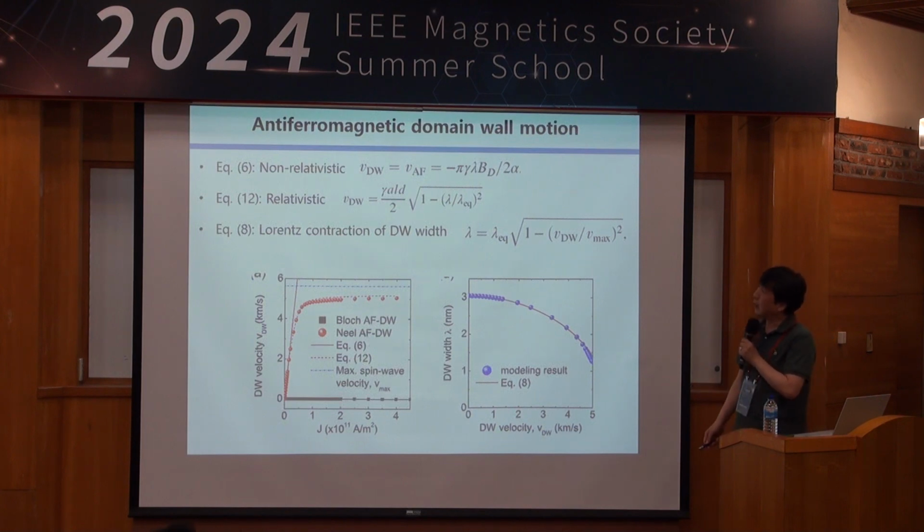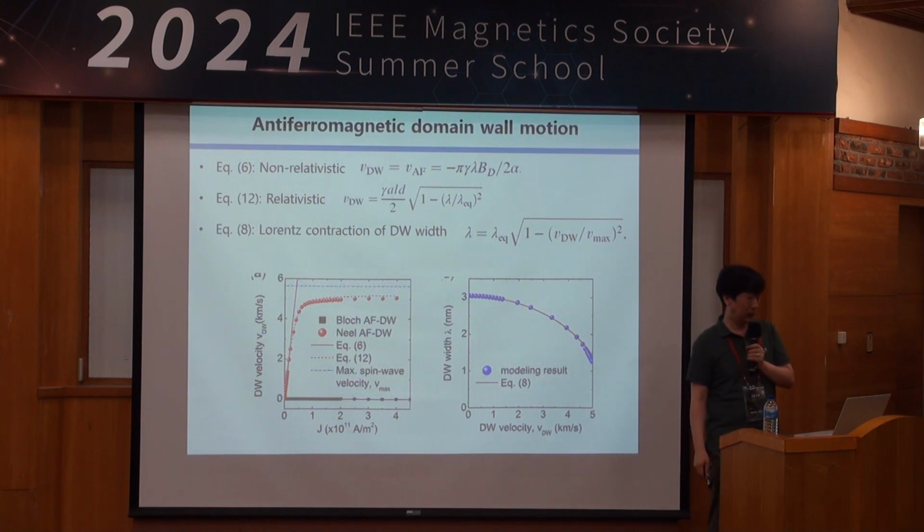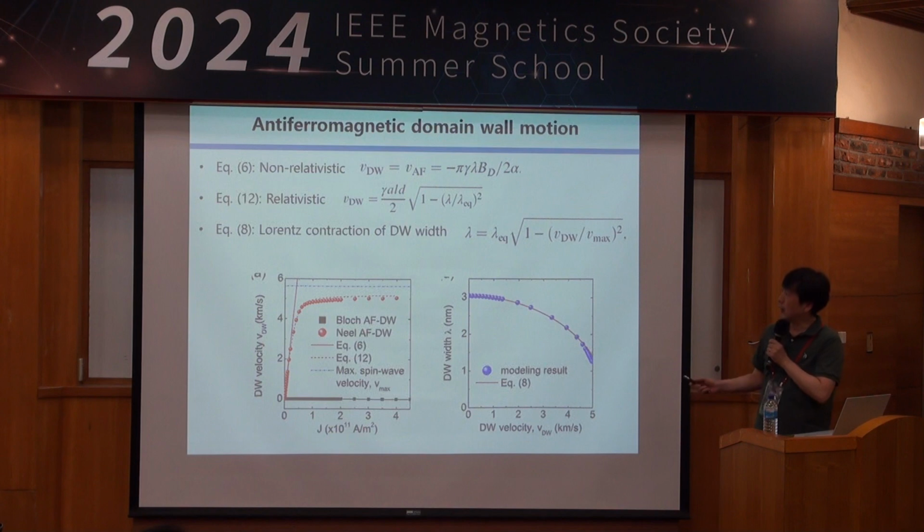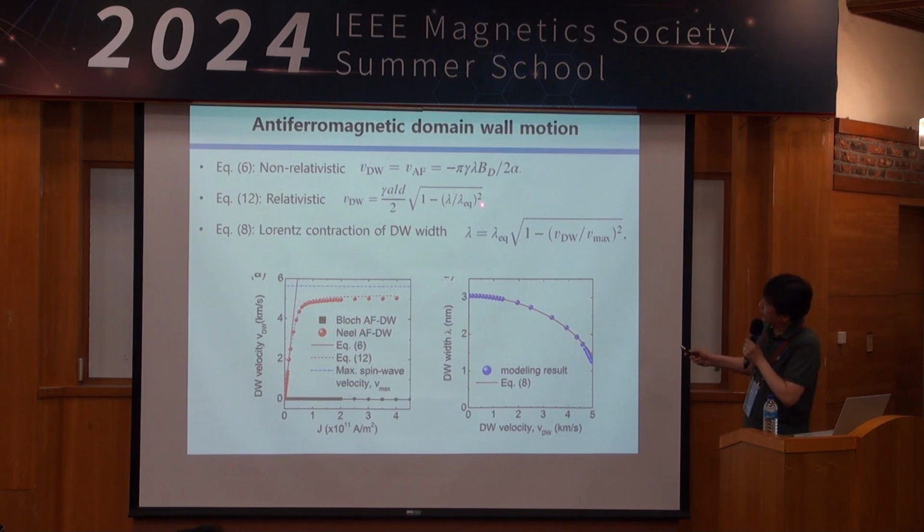Then we found that the antiferromagnetic system mimics relativistic dynamics, which means that we have some Lorentz contraction correction here, where lambda is the domain wall width and lambda_EQ is the equilibrium domain wall width. When we include this Lorentz relativistic correction, we obtain this dotted line. So it describes the numerical result reasonably well.